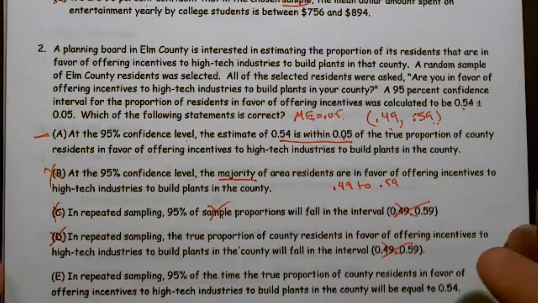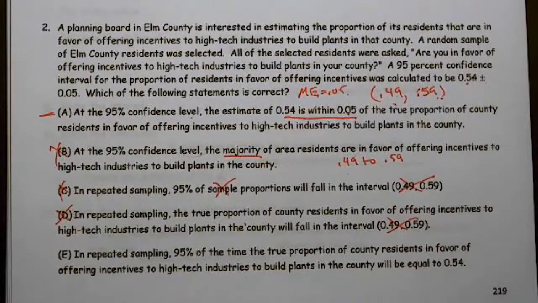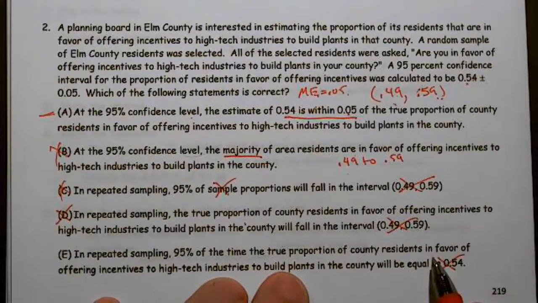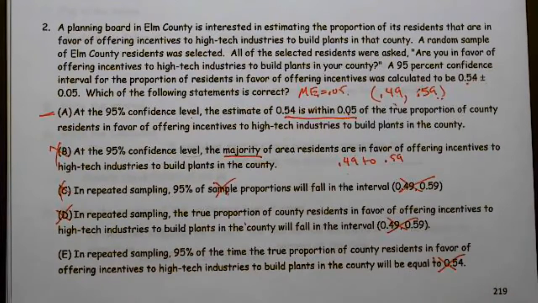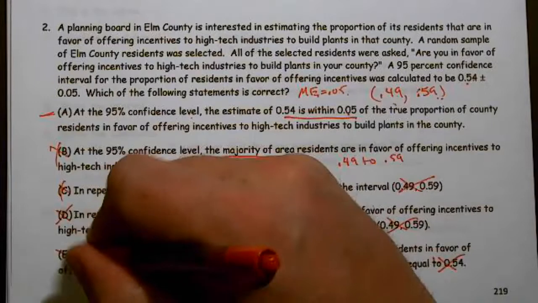Never combine them. In repeated sampling, 95% of the time, the true proportion of county residents in favor will be equal to 0.54. No, we can't make the claim that it's equal to a value. We're just claiming that our method in repeated sampling will capture it 95% of the time. All right, so that's wrong.